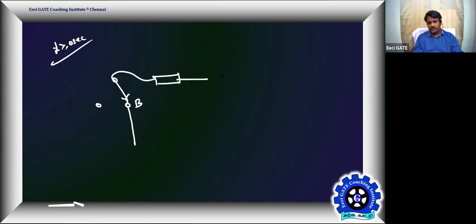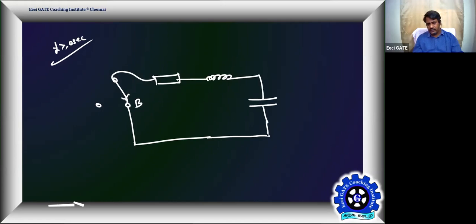For t greater than 0 seconds, it is connected to the short, so the circuit is this. It's your resistor, inductor and capacitor.